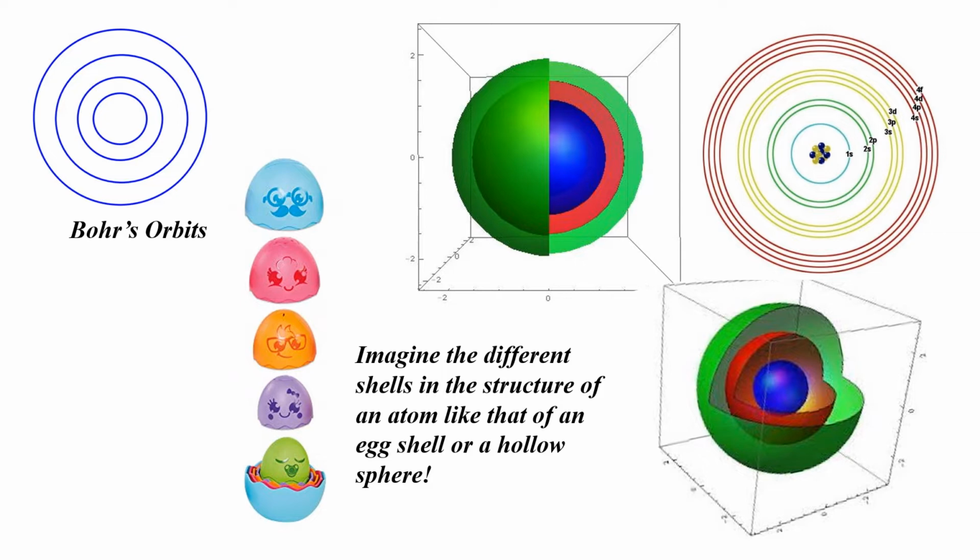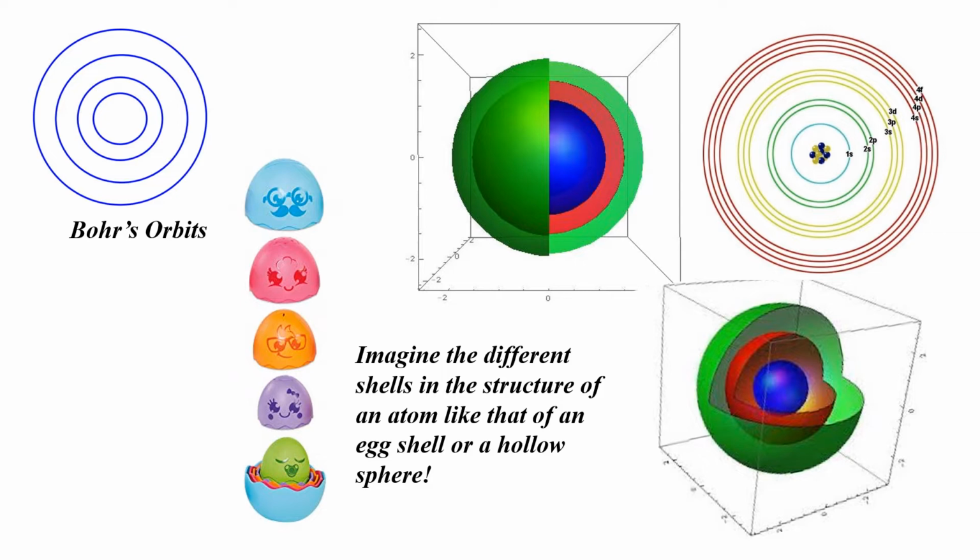Now look at the picture of eggshells which are stacked one after the other. Look at the green eggshell. Imagine this as the first shell or first energy level. Inside this green eggshell, imagine that you have electrons of certain energies trapped inside it. Now, as the energy increases, imagine one shell over the other shell and the next shell and so on.